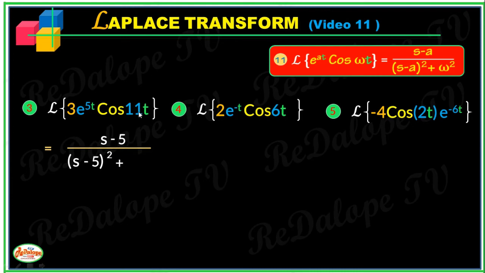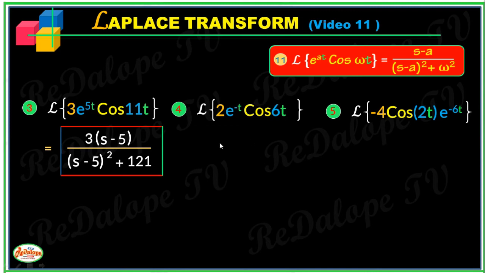Squaring omega, 11 by 11, that is 121. Now, since there is a constant here, which is the multiplier, we multiply s minus 5 by 3, and that would be the final answer. Another thing is, if this is s minus 5, just copy s minus 5 here and raise it to the square to shorten it.